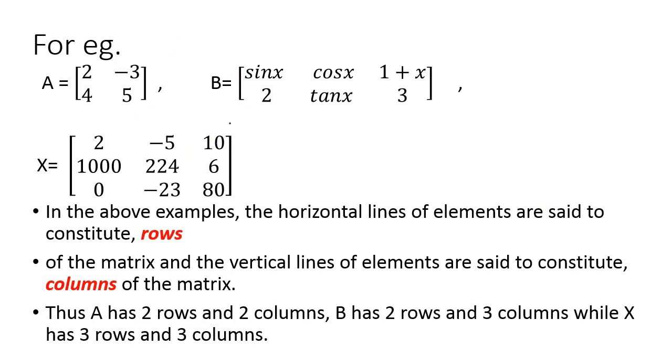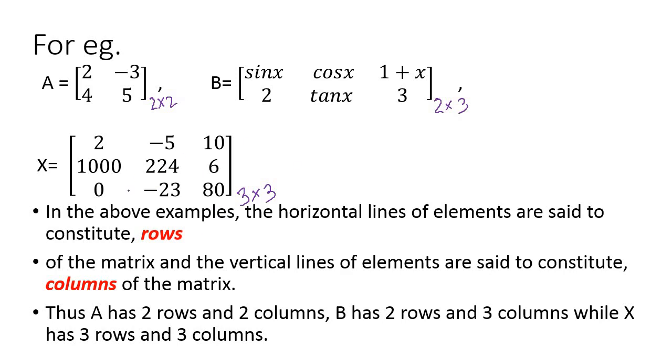I think you have already gone through this PPT, and these are the examples of matrix. This is a matrix of 2 into 2 order. This is a matrix of 2 into 3 order because it has 2 rows and 3 columns, and this is a matrix of 3 into 3 order because it has 3 rows and 3 columns.